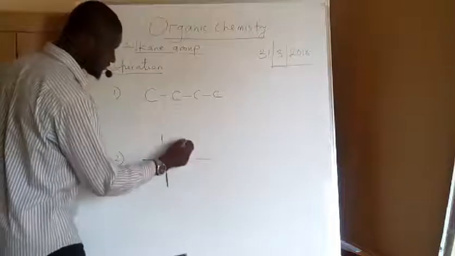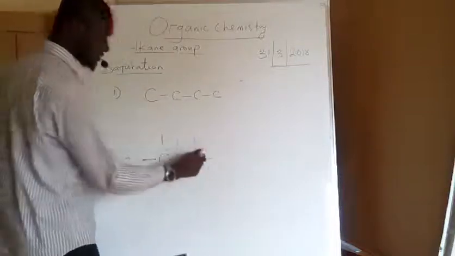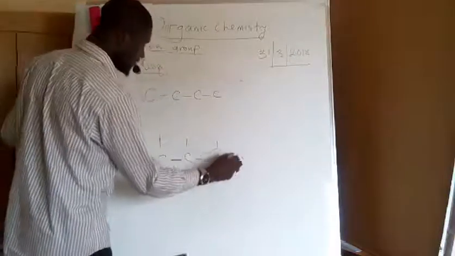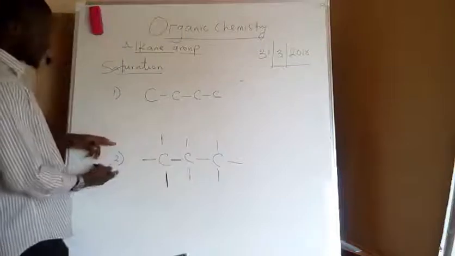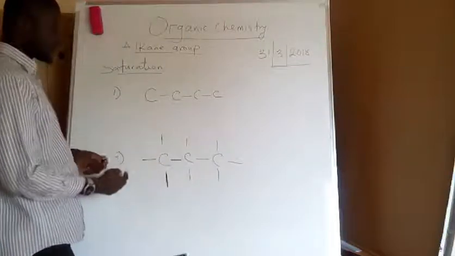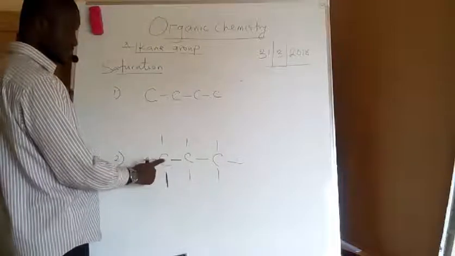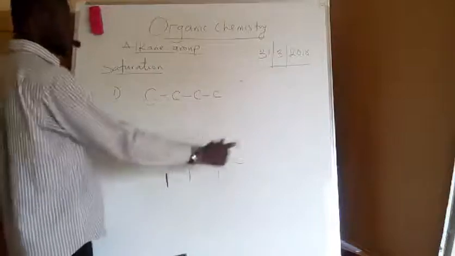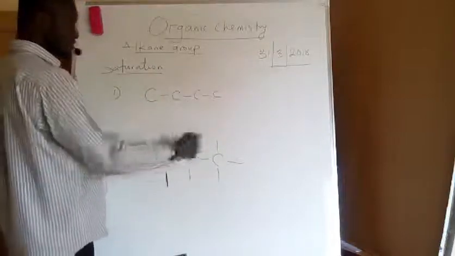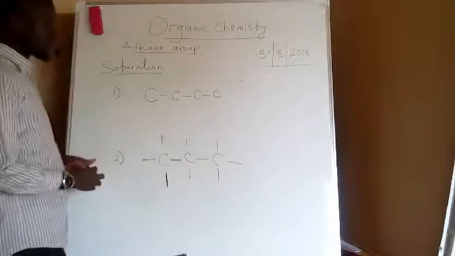The next carbon is bonded by 1, 2, 3, 4 bonds. The next carbon is bonded by 1, 2, 3 bonds. So according to the second definition, if every carbon atom throughout the chain is bonded to 4 different atoms, then the compound is said to be saturated.